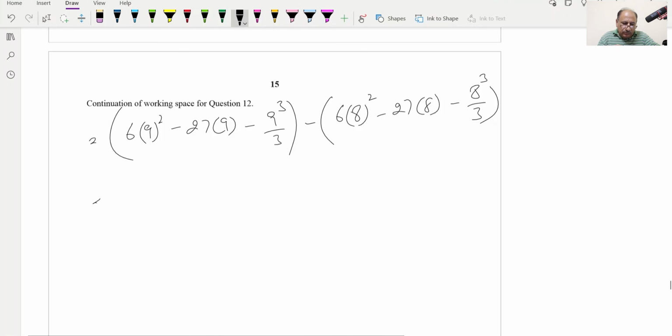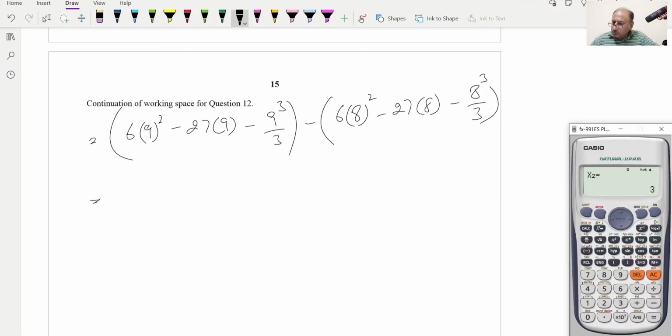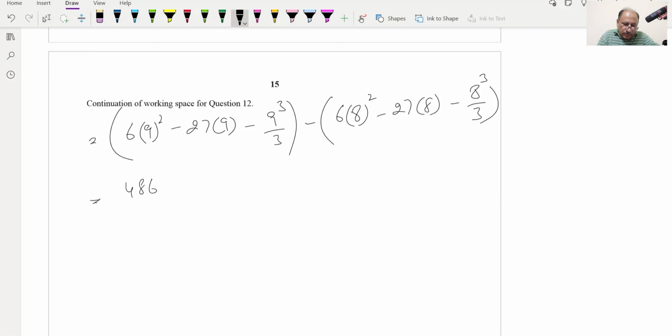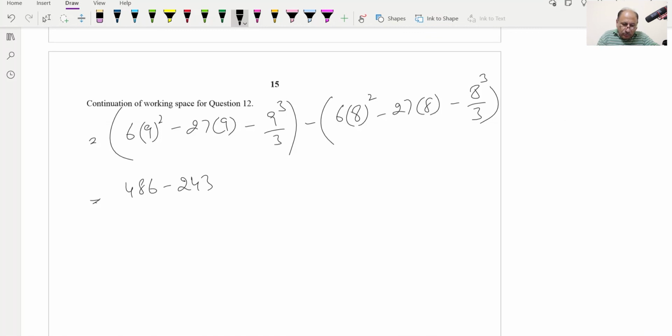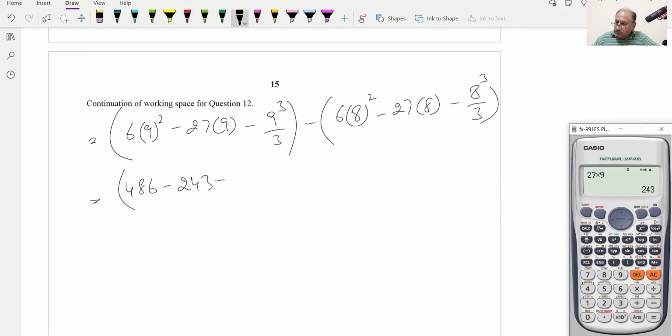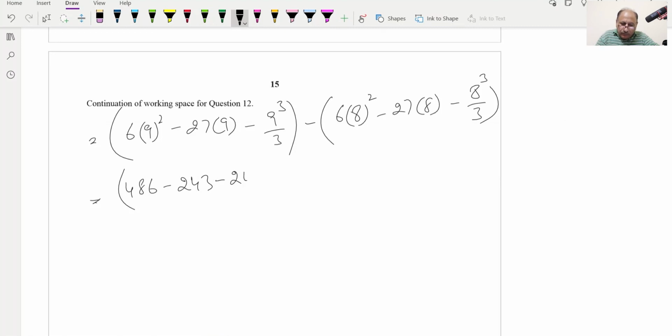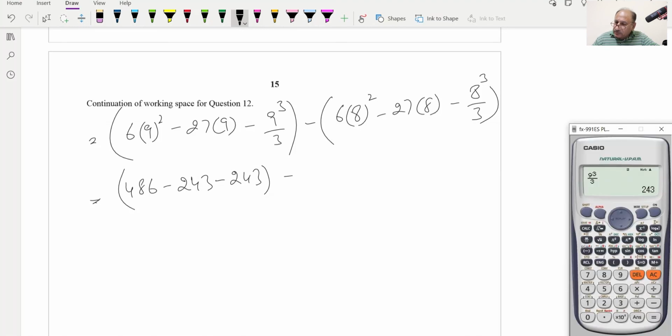Now just the calculation part is remaining. So it will be 6 multiplied by 9 squared, which is 486, minus 27 into 9, which is 243, and minus 9 cubed over 3, which is 243. I'm just solving step by step so that there are no mistakes.